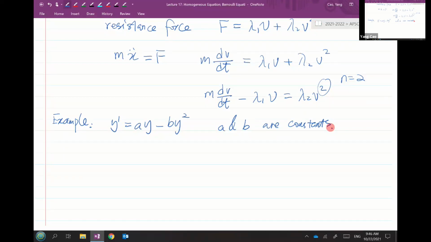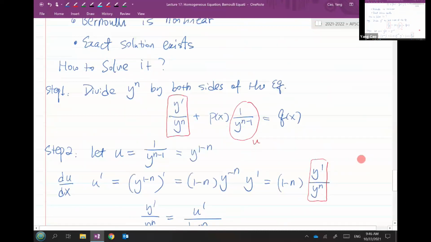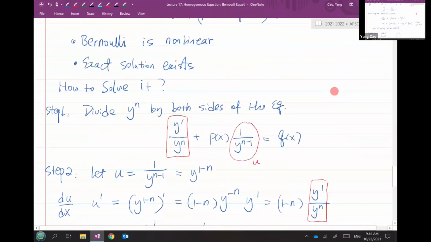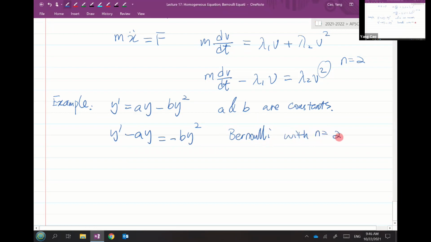This question is actually relatively simple because a and b are constant. If I look at my original general equation for the Bernoulli, the one in front of the y and the one in front of y to the power n are functions of x. But in this example, they're constants, so it's relatively simple. If you're not too sure, you can write it this way, and then you can clearly see this is a Bernoulli equation with n equal to 2.